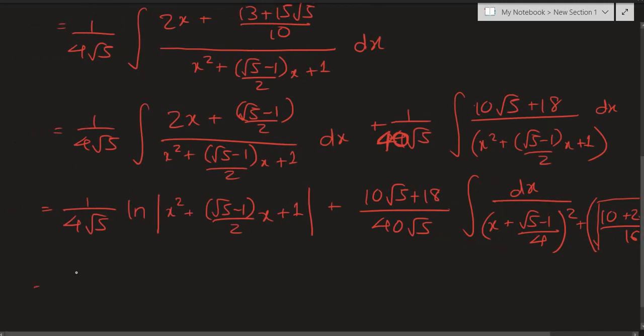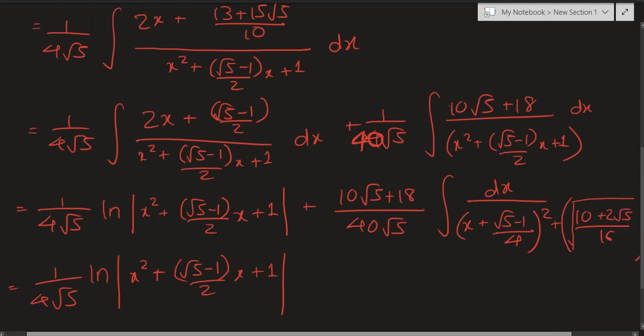So well, we have this term, so we have 1 over 4 root 5 times the natural log of x squared plus root 5 minus 1 by 2 x plus 1, and now we can use some inverse tangent property.